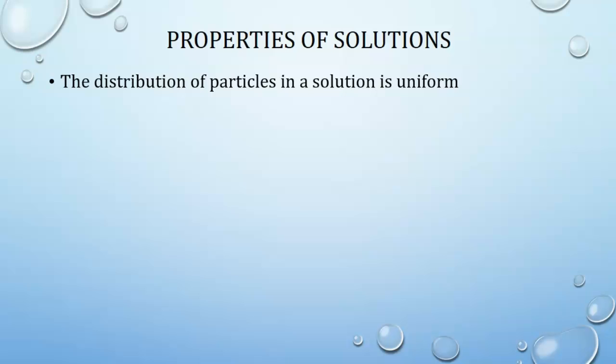And think about this: if you made a pitcher of Kool-Aid and you mixed it until everything dissolved, so you don't have any leftover sugar or mix, and you poured it into 8 glasses, the composition of glass number 1 should be identical to the composition of glass number 8.